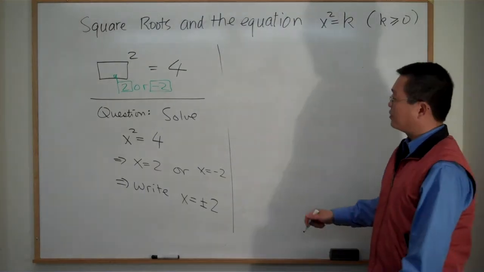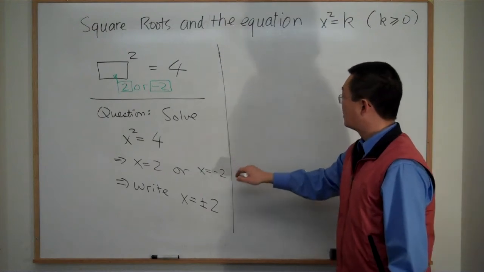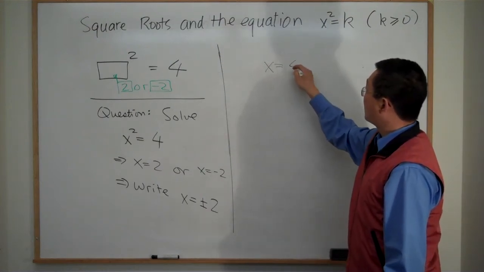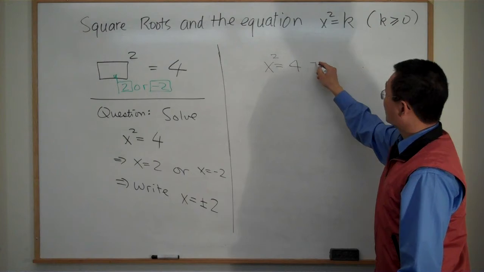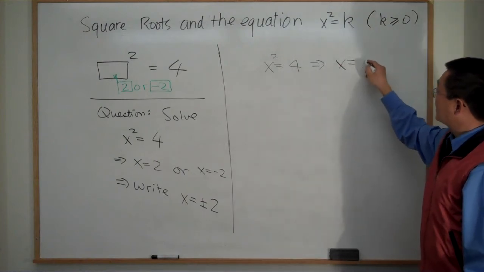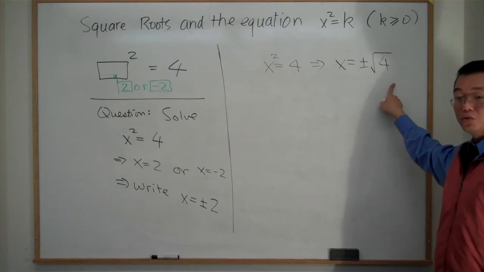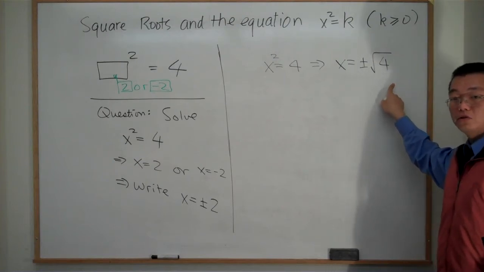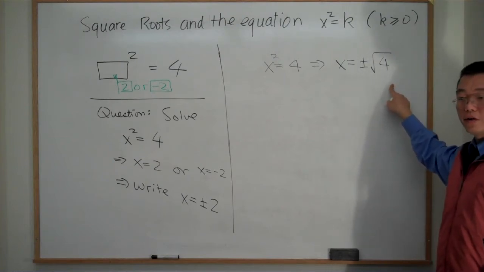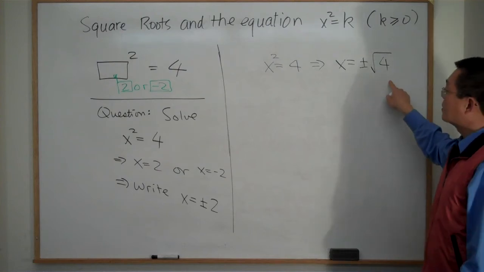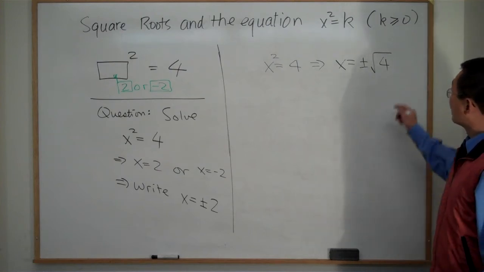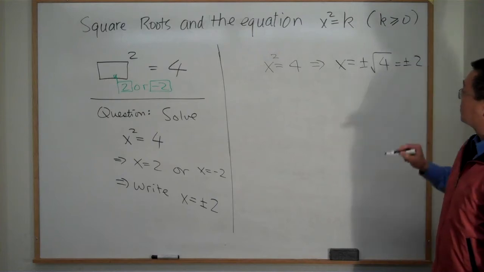Now you may have observed this. If x squared equals 4, then x is plus minus square root of 4, because square root of 4 is 2, and the solutions are the numbers whose square is 4, which is plus minus 2.